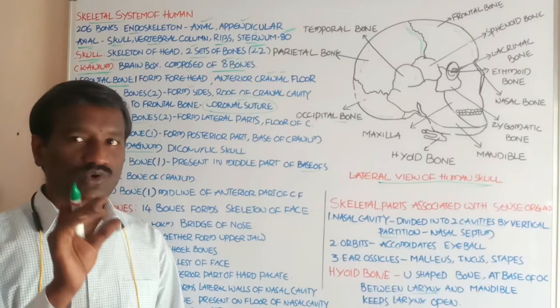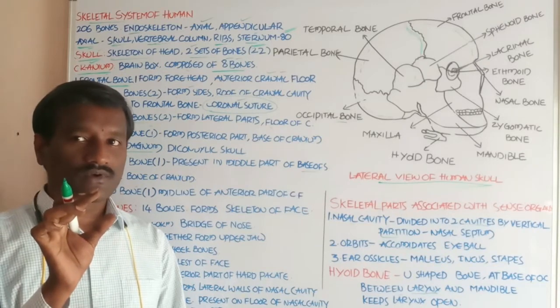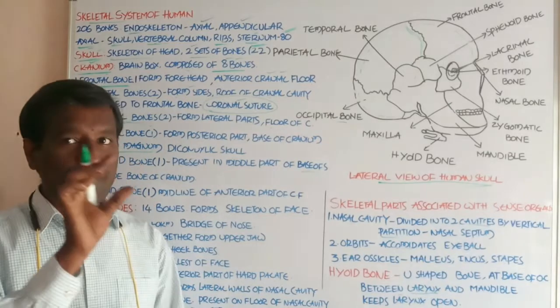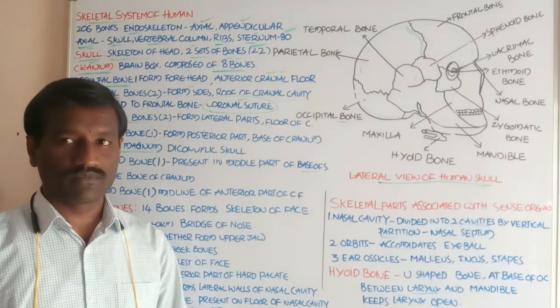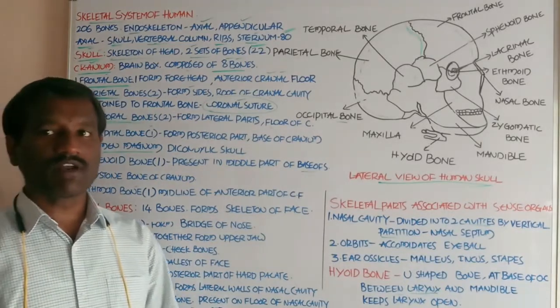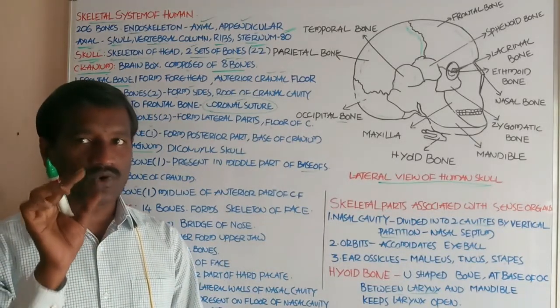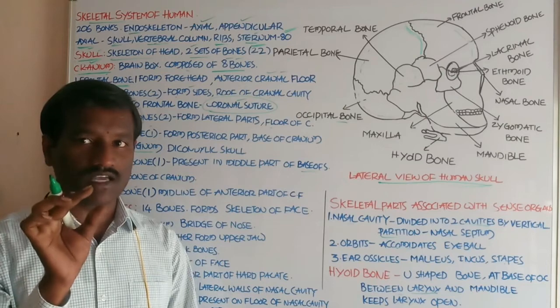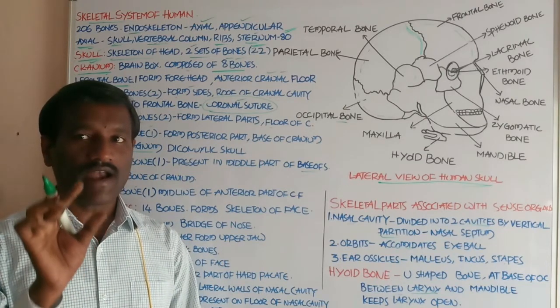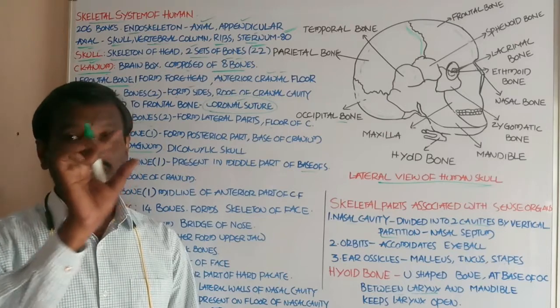It helps the brain to communicate with the spinal cord. The brain communicates with the spinal cord by the help of the foramen magnum.